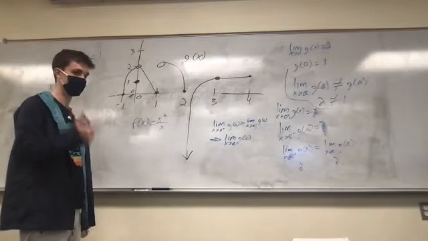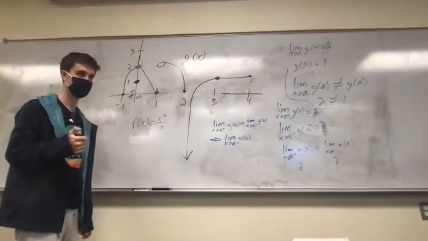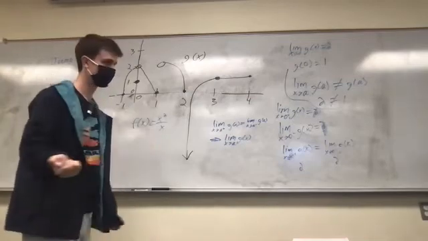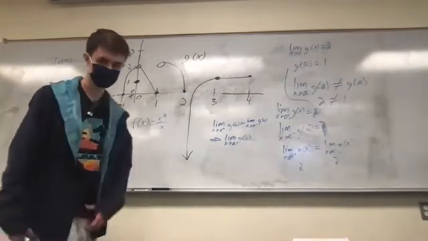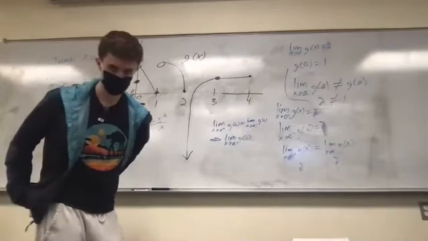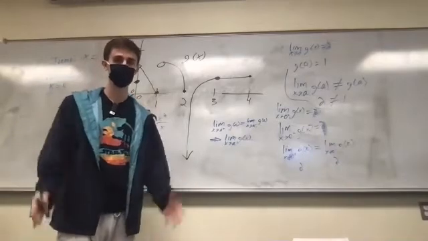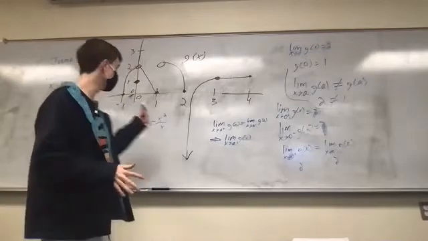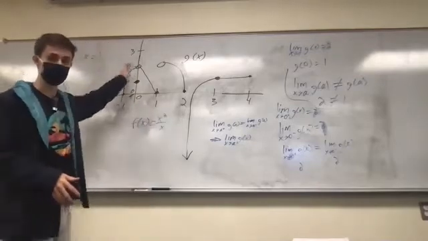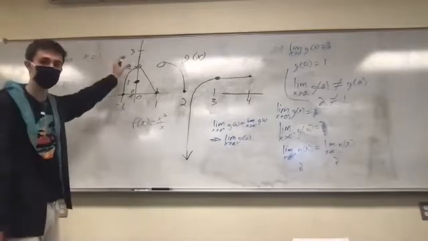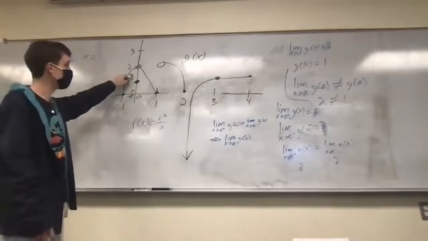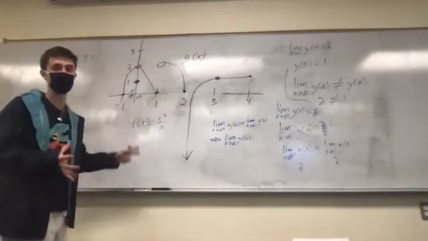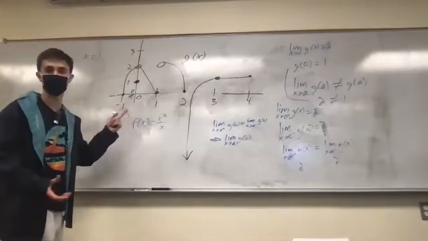Yeah. Like the limit can still exist at a point where there's a discontinuity. Yes, that is a very big concept to point out: the limit right here still exists. It still is 2, even though g of 0 is not defined in the function for x equals 0, right?